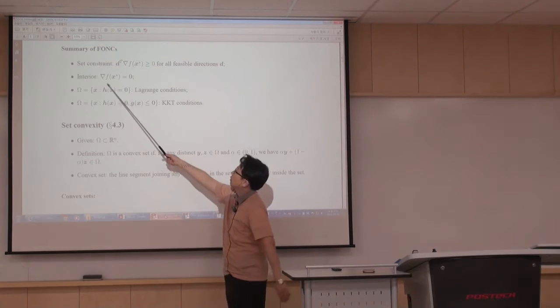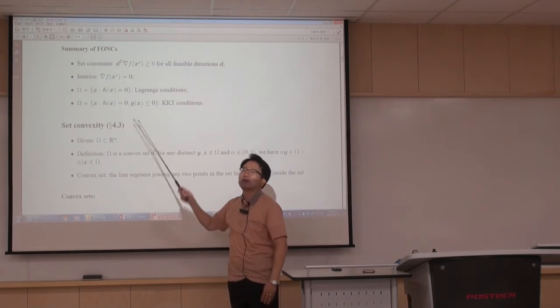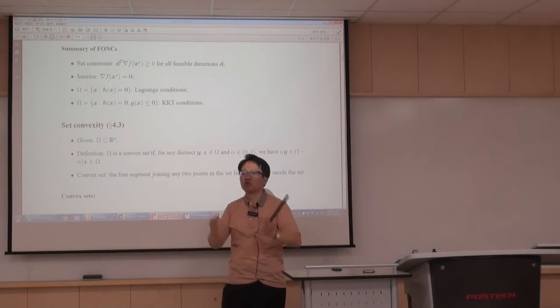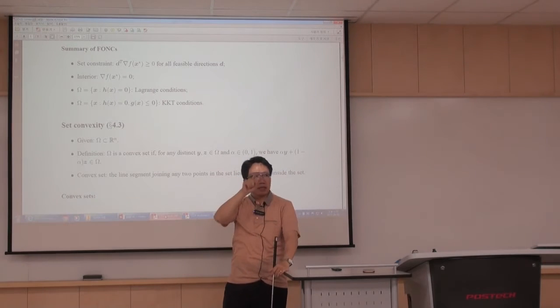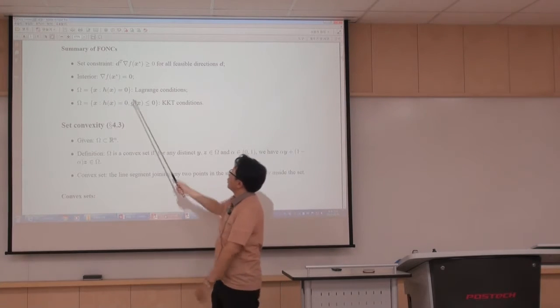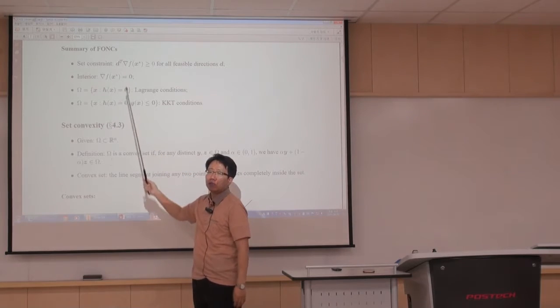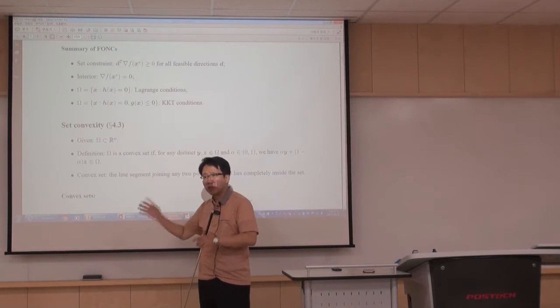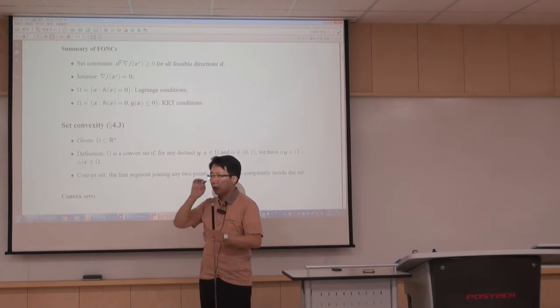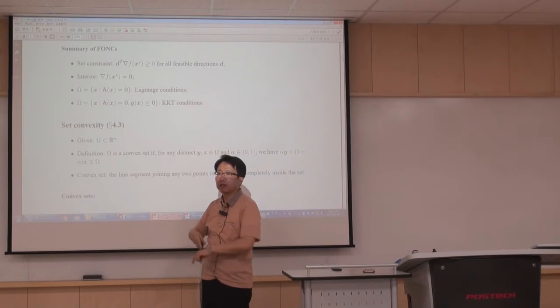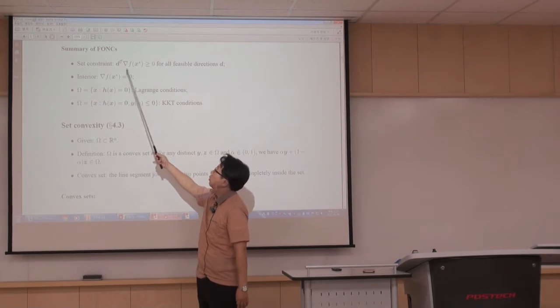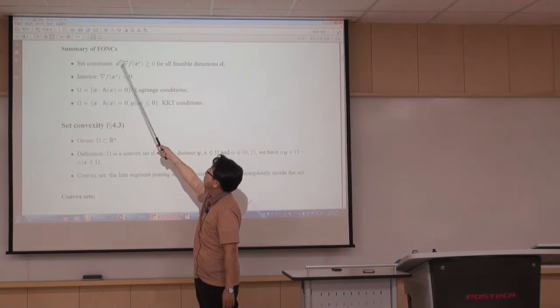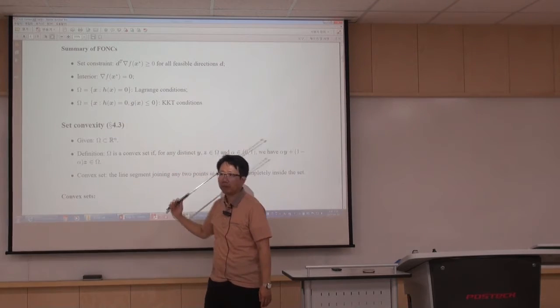You just put them together, and you have the identity matrix times the gradient is greater than or equal to 0 and less than or equal to 0, so it equals 0. What does that mean? Since the identity matrix is invertible, the gradient is 0. So actually this implies that one.